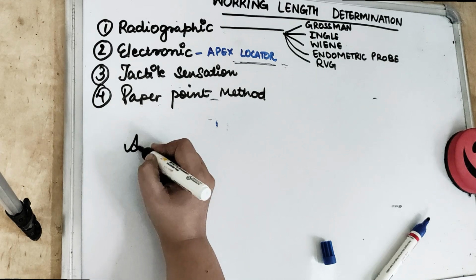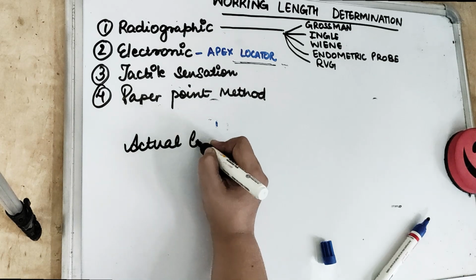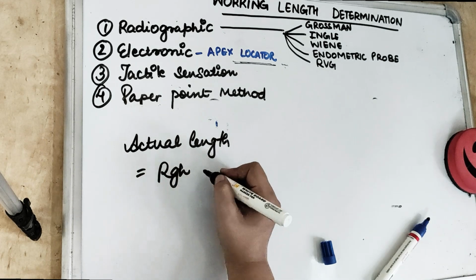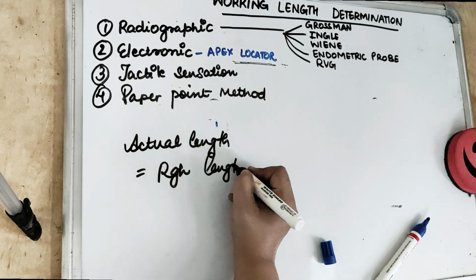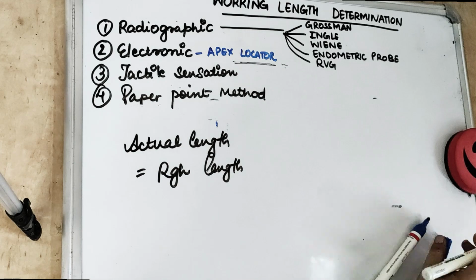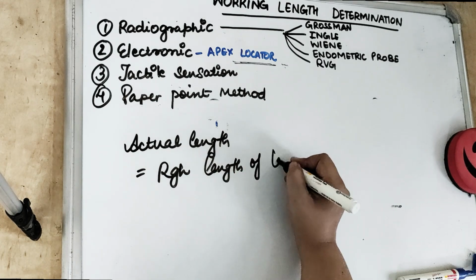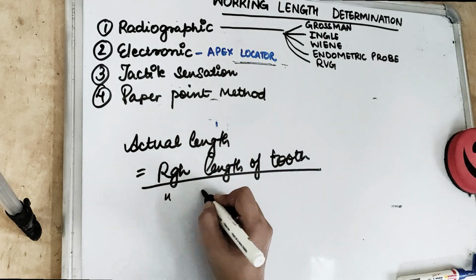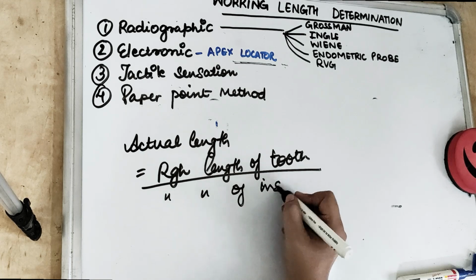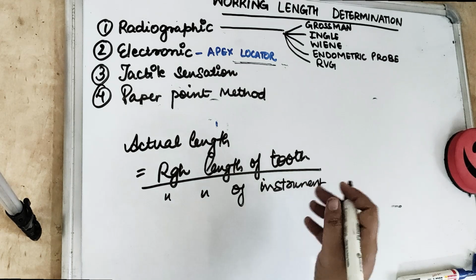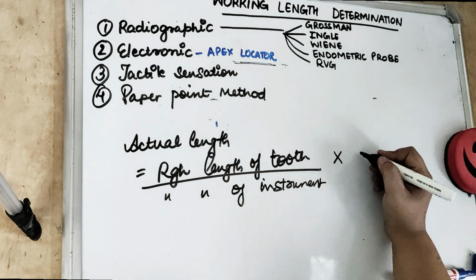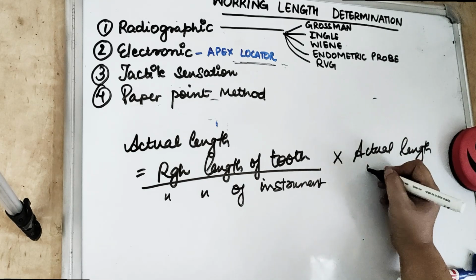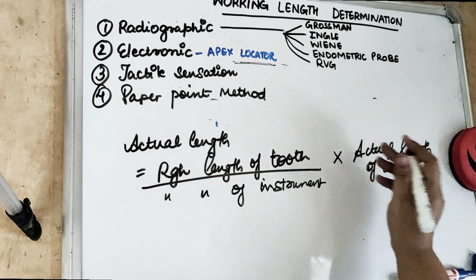So according to the Grossman method, the actual working length is equal to the radiographic length of the tooth, which is the length we take before starting the access opening, that means how much the tooth is measured, divided by the radiographic length of the instrument, after the instrument is placed and we take the radiograph, into the actual length of the instrument, the actual length of the file basically. So this is the Grossman method.